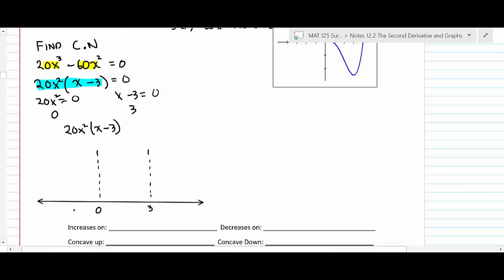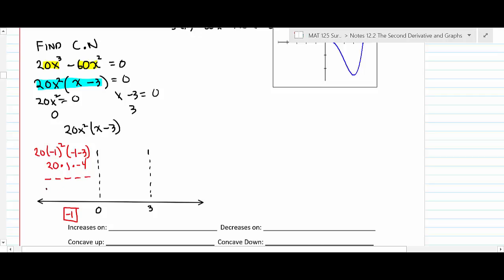Give me a test point below 0. You read my mind, that's what I thought. So we're going to do 20 times negative 1 to the second times negative 1 minus 3. All you care about is whether it's positive or negative. In your head, can you do that? Negative, because it's 20 times positive 1 times negative 4. So positive times positive times negative.